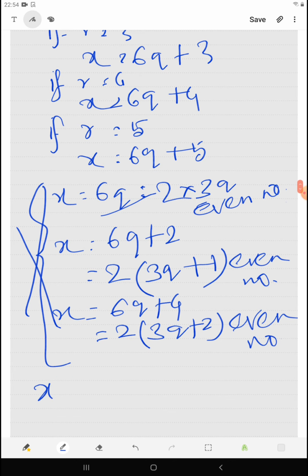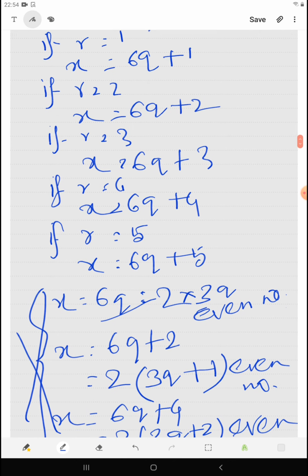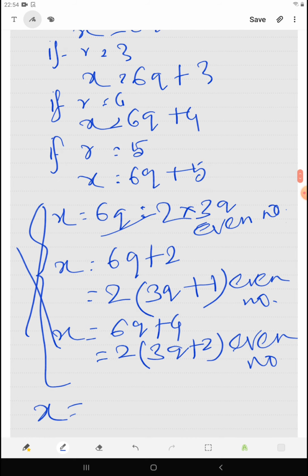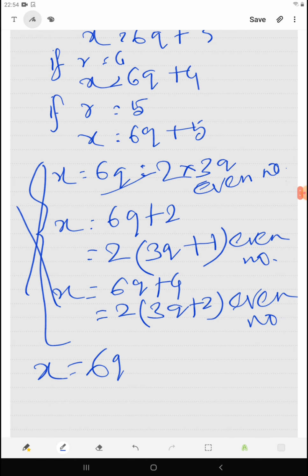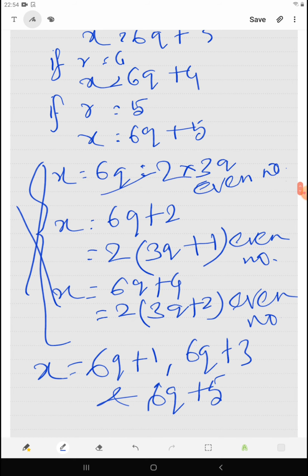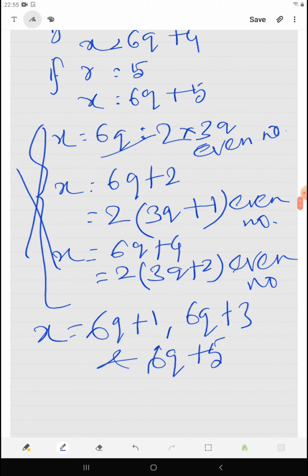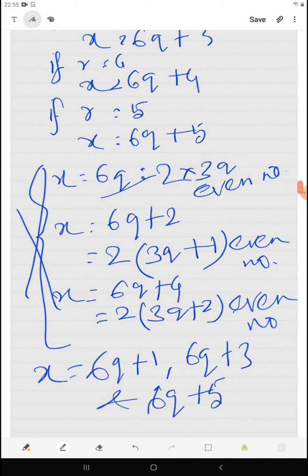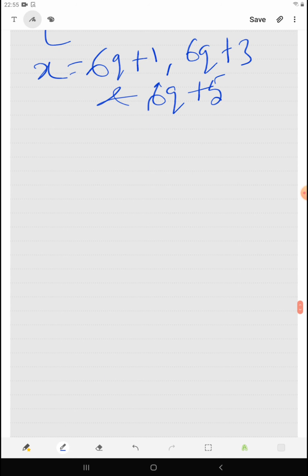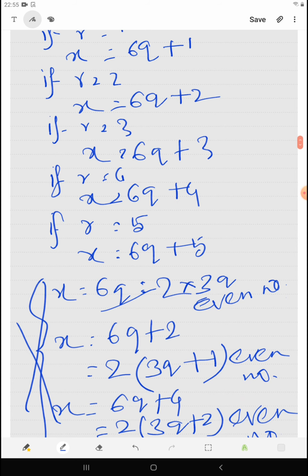Hence x can be of the form 6q plus 1, 6q plus 3 and 6q plus 5. I hope you have got this. Okay, let's move on then.